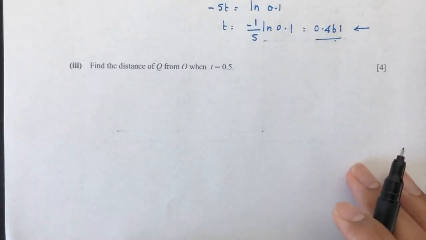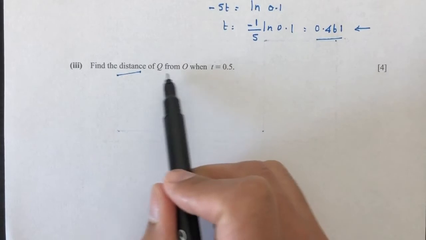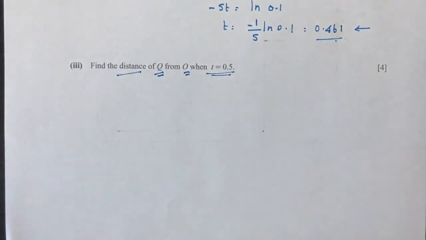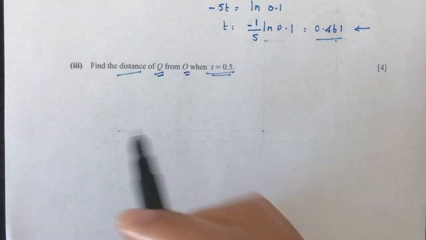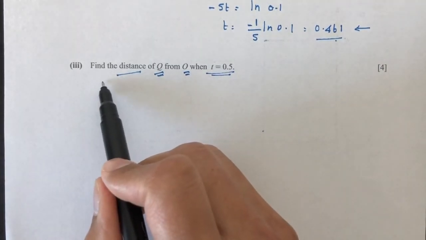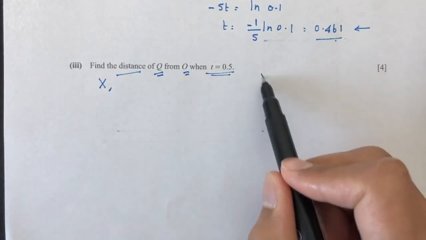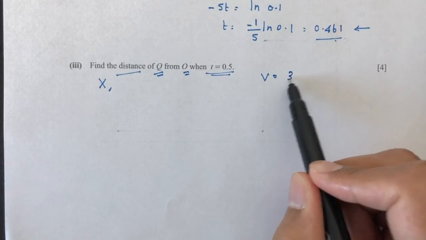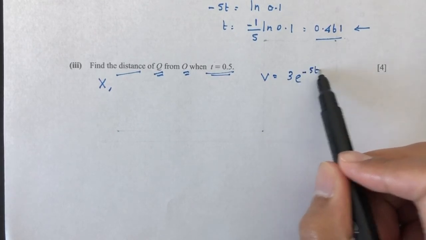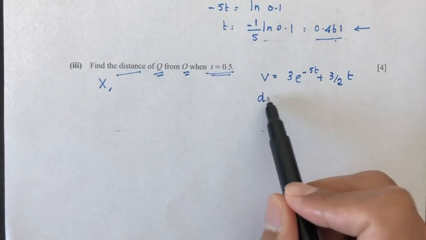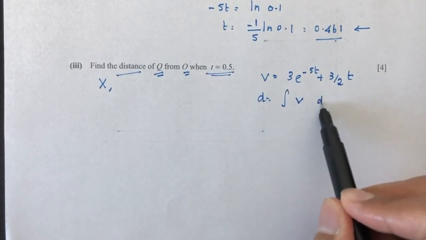So now part 3. Find the distance of Q from O when t equals 0.5. So we have to find distance. Distance is x. So how do you find distance? We have v equal to this. So distance will be the integration of v with respect to t.